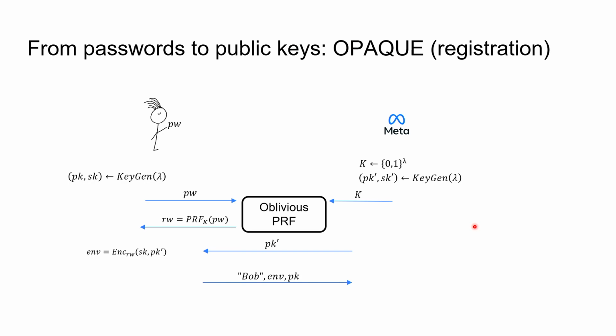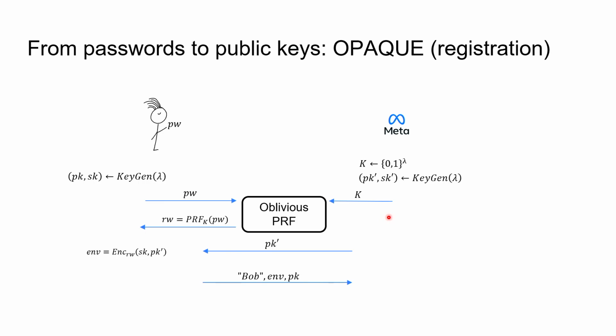It's a password-based protocol, so the first thing in a client-server setting, we need to establish some sort of knowledge about the password at the server, which is called a password file. Okay? So this is called registration. Both the client and the server generate a key pair, and the server additionally generates a PRF key. Okay? And then they both engage in a two-party protocol, which is called an oblivious pseudorandom function.